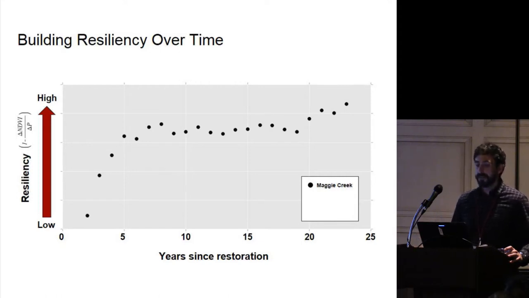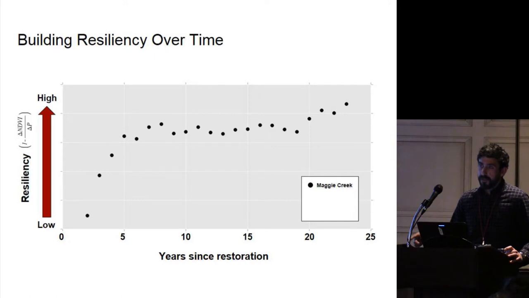And what I mean by sensitivity is how much does plant productivity change given how much precipitation changes. So you can imagine if precip goes up and down and plant productivity goes up and down, you would say that things are highly sensitive. The vegetation community and the hydrology are highly sensitive to those water inputs.